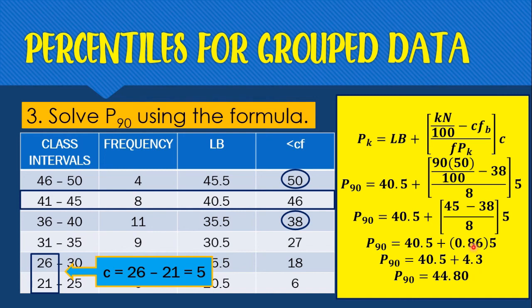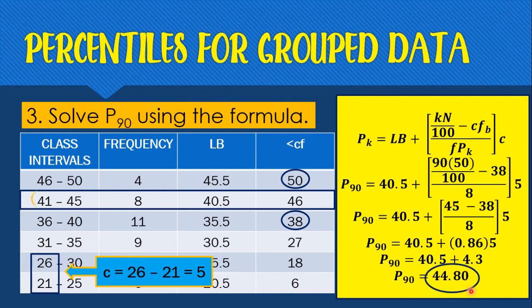And then 0.86 times 5, our class size, is equal to 4.3. And then we add this again to the lower boundary. 40.5 plus 4.3 is equal to 44.80. So the P sub 90, or the 90th percentile, is equal to 44.80.